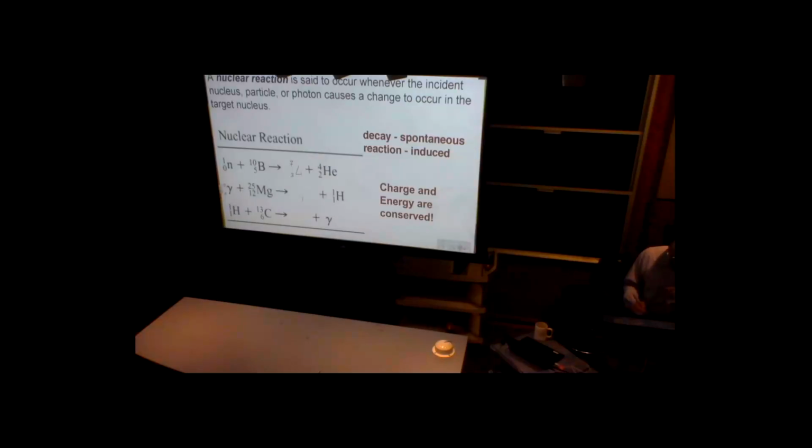Well, 1 proton flies away. What's left? 12 minus 1, 11. 25 minus 1, 24. 11. Zero, 0. So 7, 14. Nitrogen.